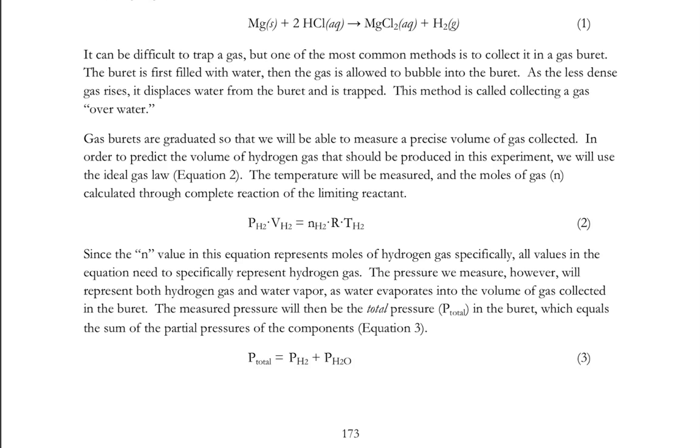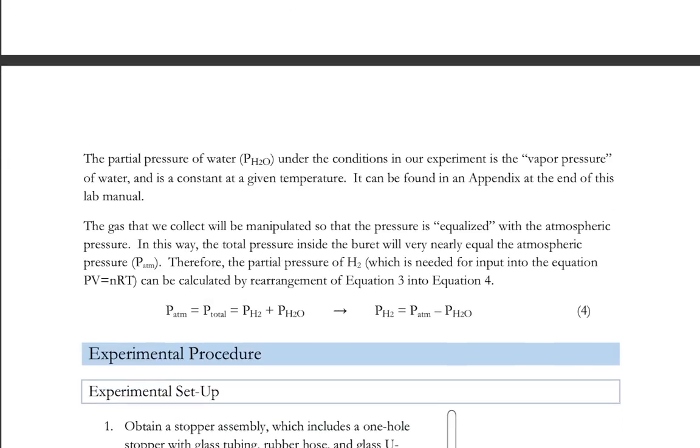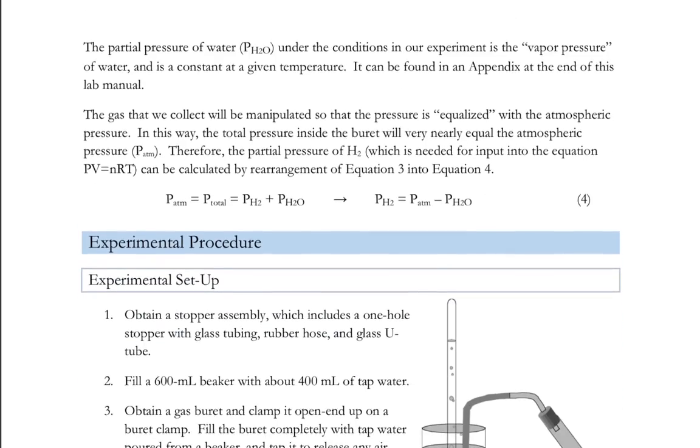We will be measuring the temperature of our reaction in degrees Celsius. We convert that to Kelvin. We have the temperature. And then we would divide by the pressure of the H2. Now, the H2 gas, we will see from our apparatus, we are collecting over water. That means there's a little bit of water vapor mixed in with our gas.